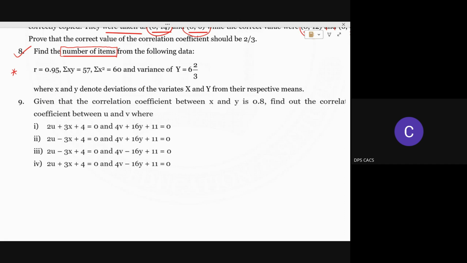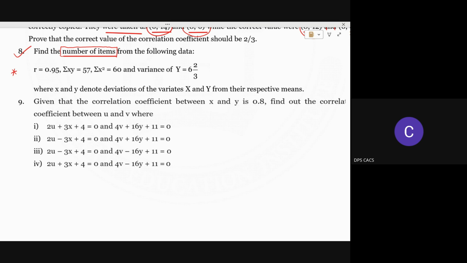Formula 1? Means covariance formula, right? Formula 2? Formula 3? Maximum people are saying formula 3 because we want number of items, and only in formula 3, n is there, right?